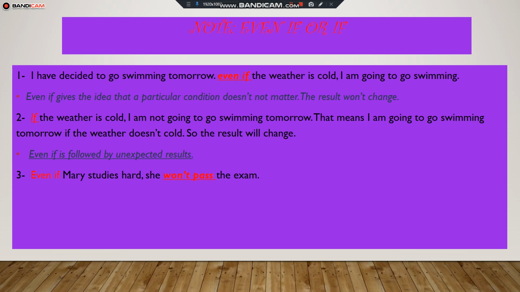Okay, this is for even if. Now if. Look here with if, I tell you if the weather is cold I'm not going to go swimming tomorrow. That means I'm going to go swimming tomorrow if the weather doesn't cold. So the result will change. I could say if the weather isn't cold I am going to go swimming tomorrow.